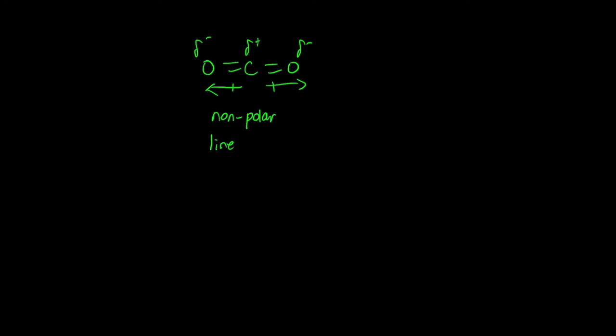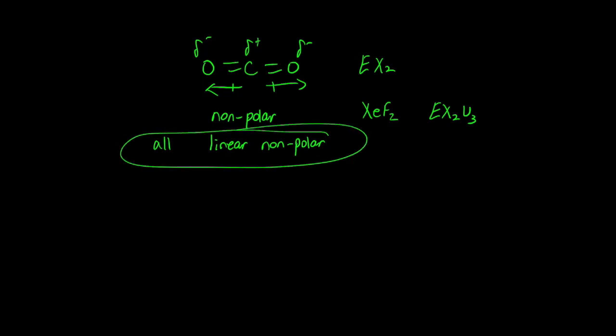All linear molecules are non-polar. It doesn't matter if you have carbon dioxide, which falls into the EX2 group, or xenon fluoride, which falls into, if I remember, the EX2U3 grouping. So all linear molecules are nonpolar.